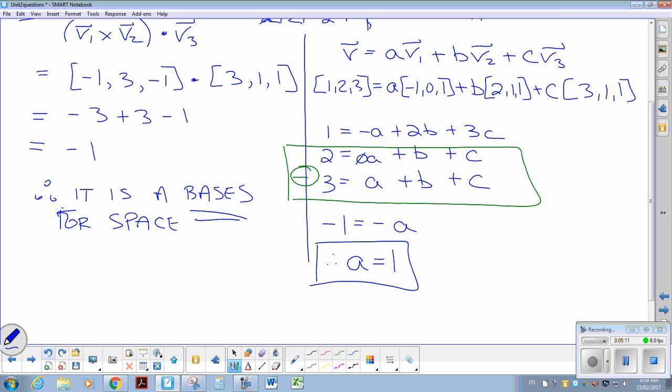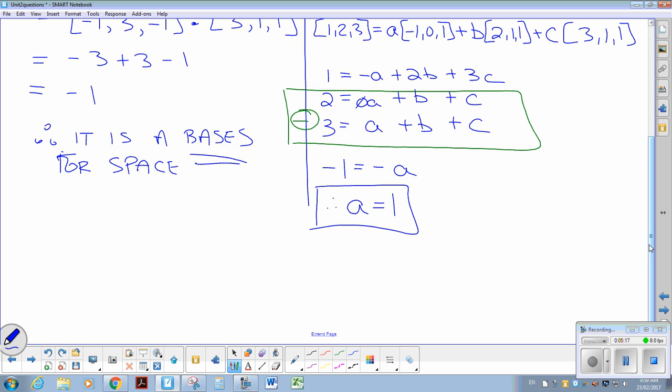All right, that allows me then to go back and plug in the other information. So let's go with the first equation. So 1 equals negative 1 plus 2b plus 3c. The second equation is 2 equals b plus c.